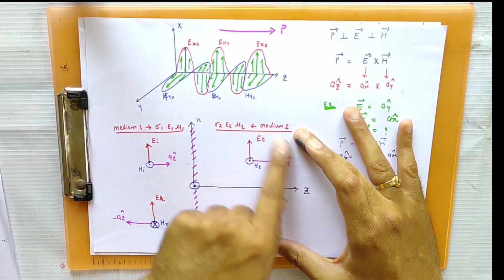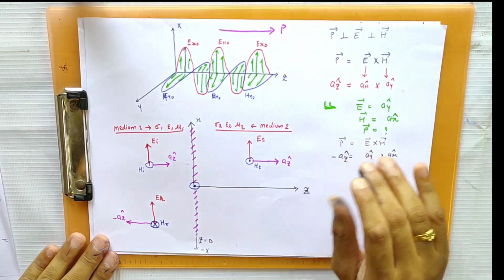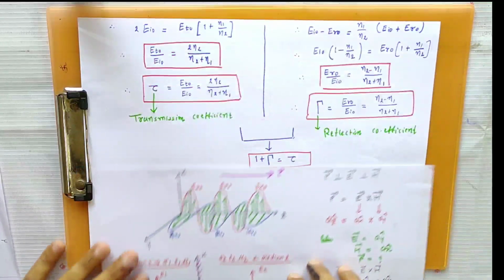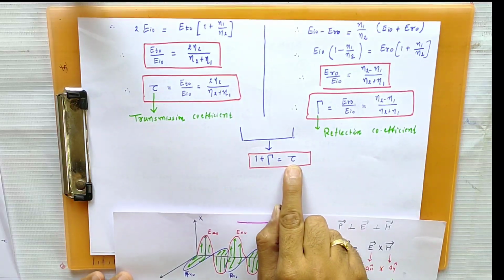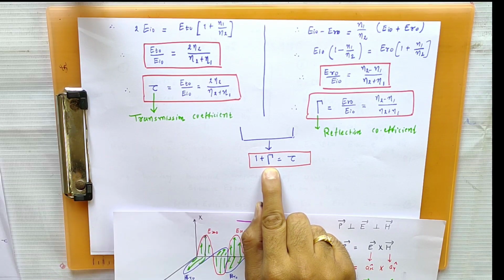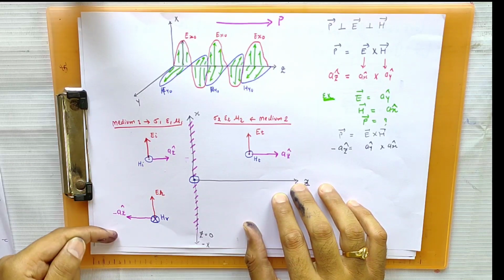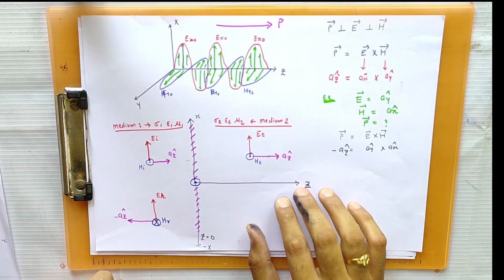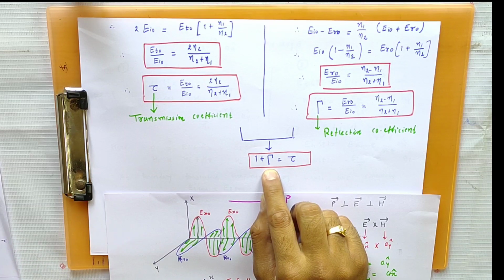The transmitted wave is 0, so the transmission coefficient small tau is 0. Then the magnitude of capital tau is maximum, that is, minus 1. So the mode of capital tau is 1.